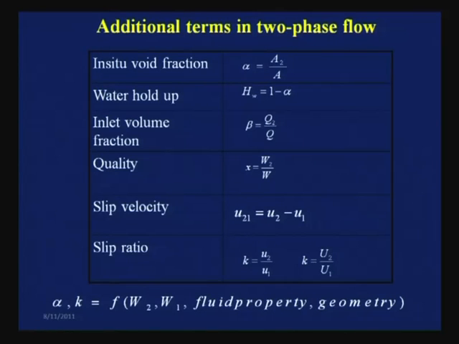Okay. Now, in the last class I had discussed till this portion, and then I had told you that we would definitely like to have a relationship between K and alpha, so that if we know one we can find out the other.